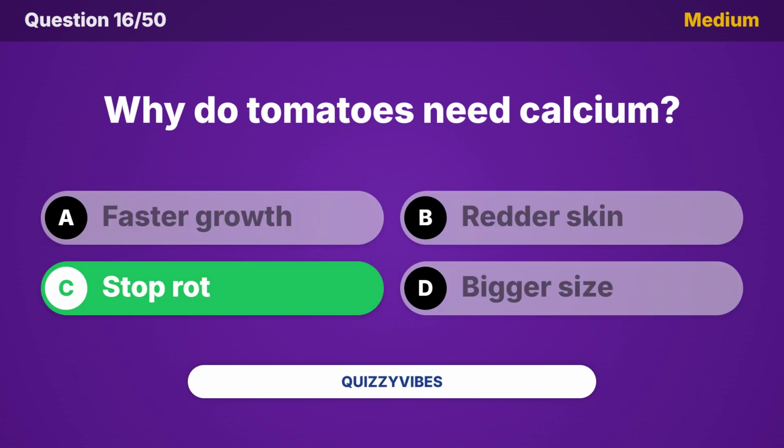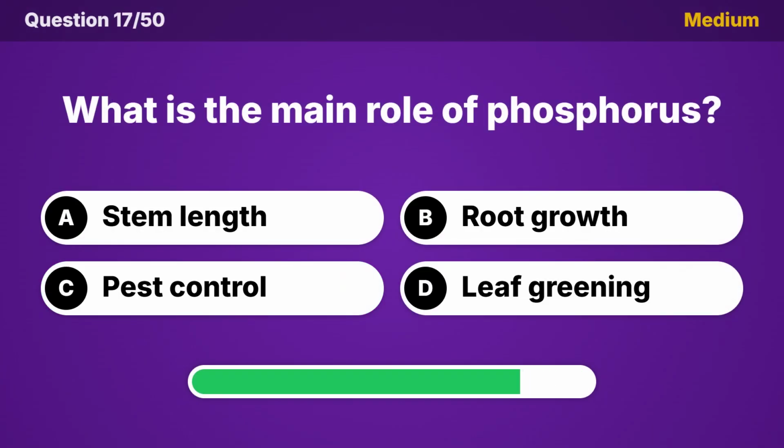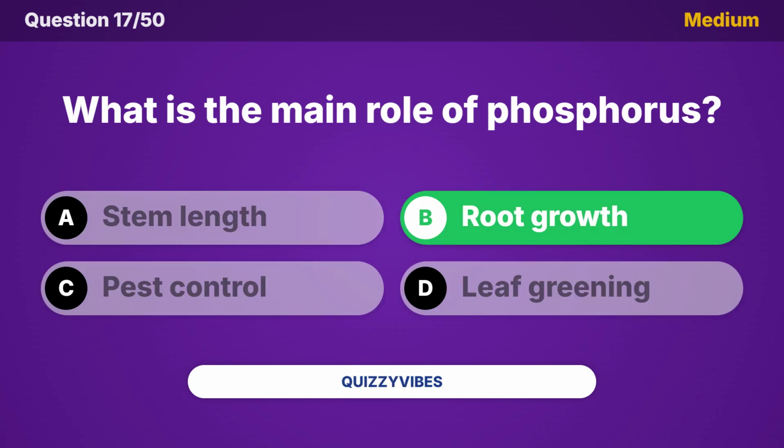Stop rot. What is the main role of phosphorus? Did you guess it? The answer is root growth.